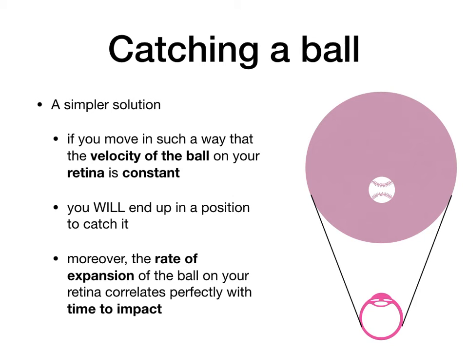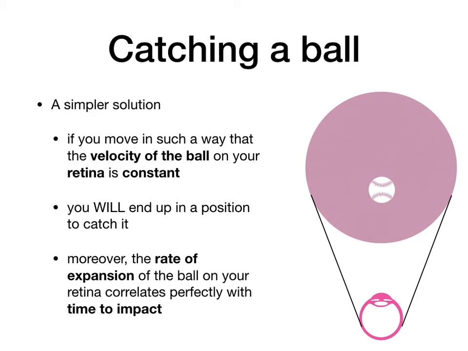But it is a physical fact of the world and the way that geometry works from a first-person perspective that you will end up in a position to catch the ball. You will. It's just a rule of how that works. So something like this.